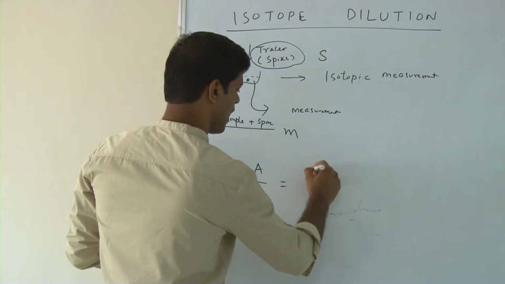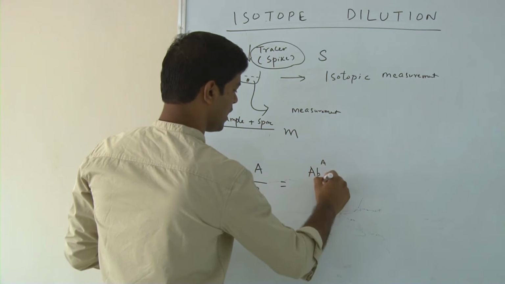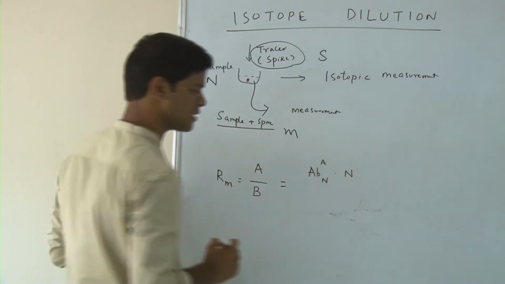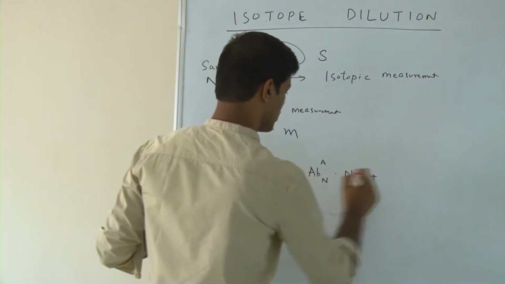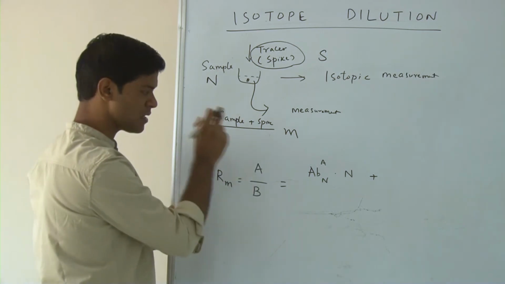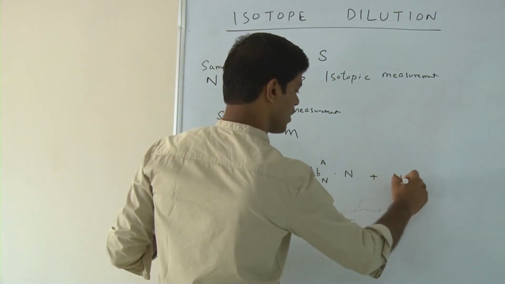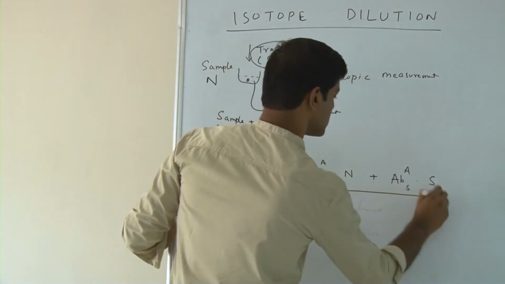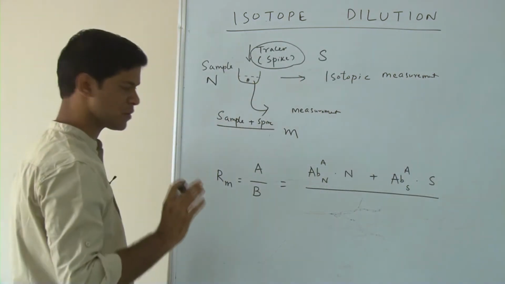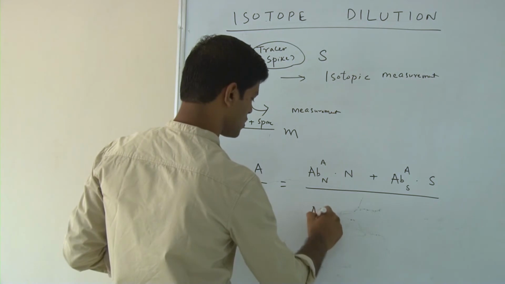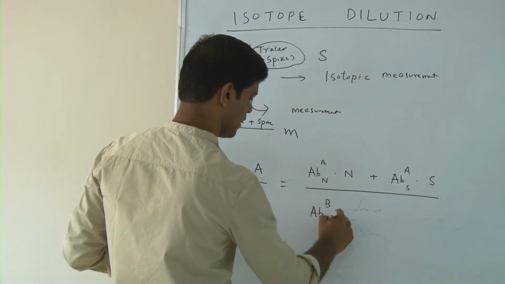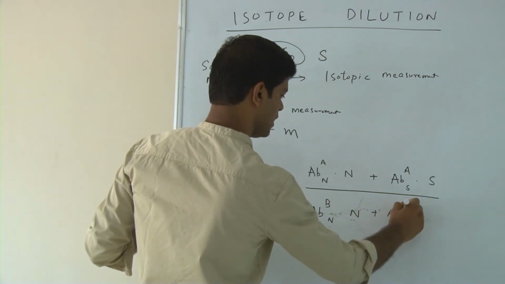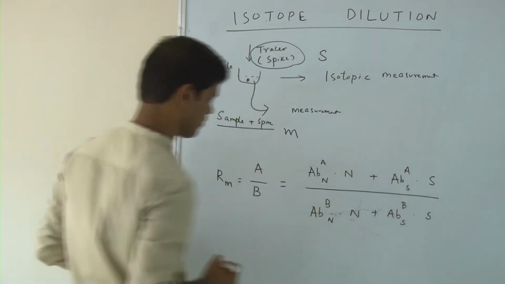So, if you do that, it is the abundance of A in your sample multiplied by the number of atoms N, plus, because this is there in both sample and spike, the abundance of A in the spike multiplied by the total number of spike atoms S, divided by the abundance of B in N multiplied by N plus the abundance of B in S multiplied by S. Okay.